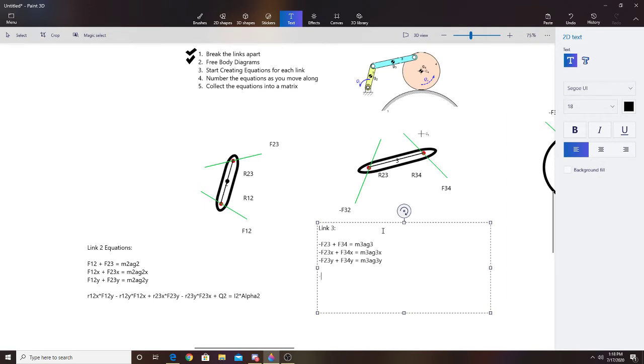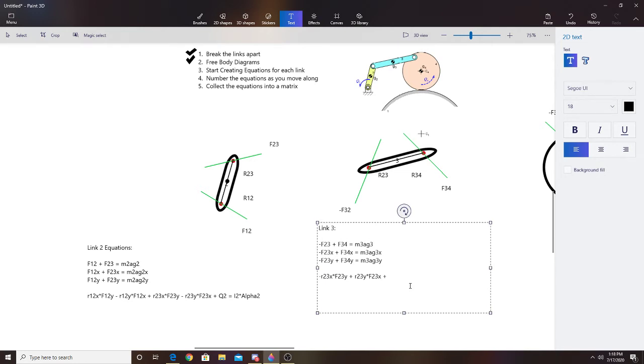So minus R23x times F23y plus R23y times F23x. Okay, and remember I switched the signs because we had a negative force over here. So we have to switch the signs in comparison to our previous equation.